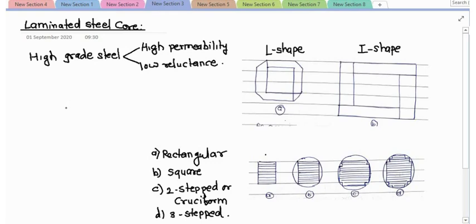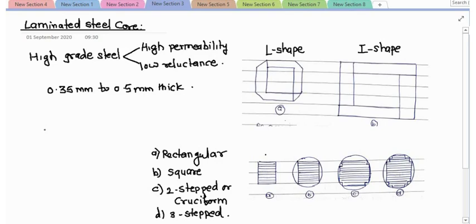So this high grade silicon steel is in the form of the laminations of about 0.35 mm to 0.5 mm thickness. These laminations are varnished or coated with the enamel to insulate them from each other. The core is assembled in such a fashion that it provides the continuous magnetic circuit with minimum air gap.